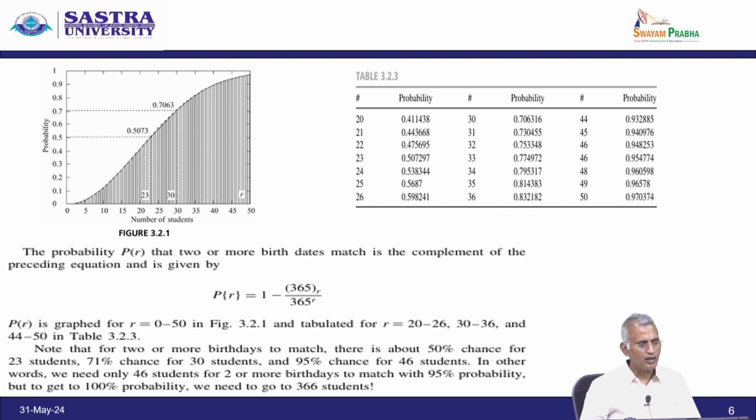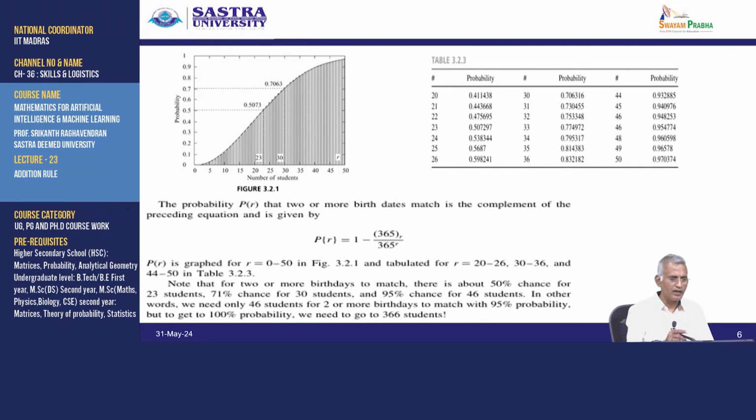So, that is 0 to 50 students you take, and then the corresponding probability between 20 to 23 is 0.5073, and for 23 to 30 we have 0.706. Based on this we have to fix the probability table and calculate.